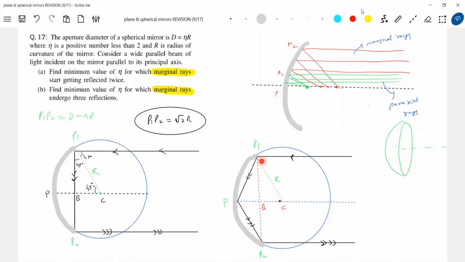This will be theta. If this is theta, this should be theta, and this should be theta. I think we'll trace out the triangles. Theta, theta, theta.